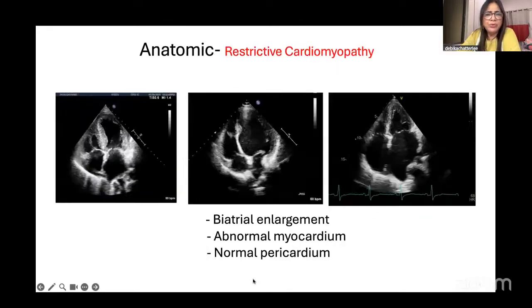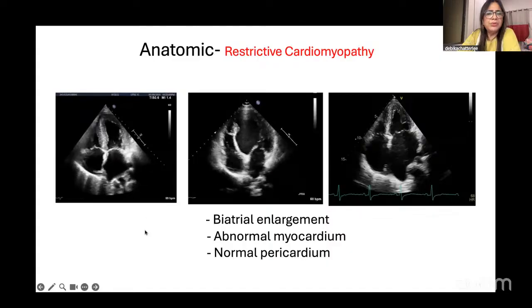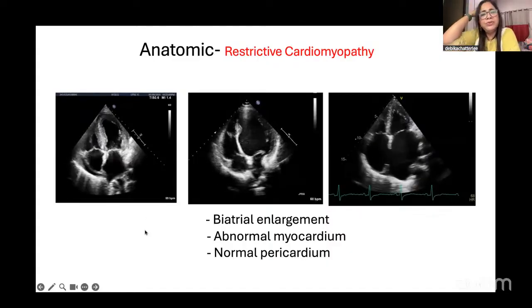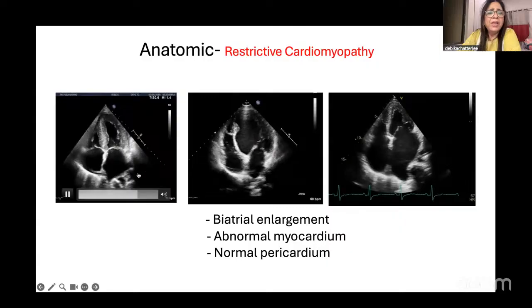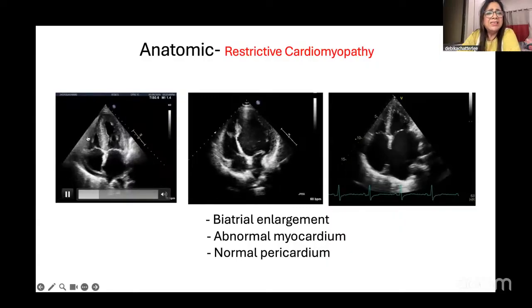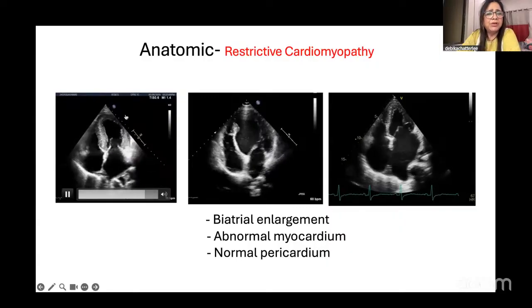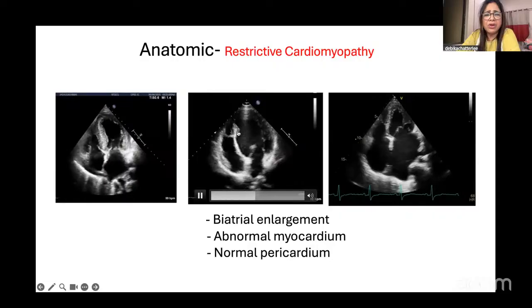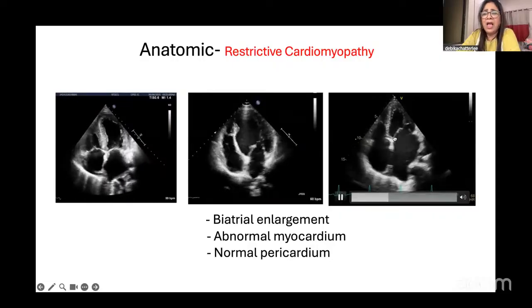So now, as we go to the precordial views, anatomically, you will see this is a case of cardiac amyloidosis. The myocardium is thick, and this is a case of sarcoidosis. You see scarred, thinned myocardium. And very importantly, we always see biatrial enlargement.